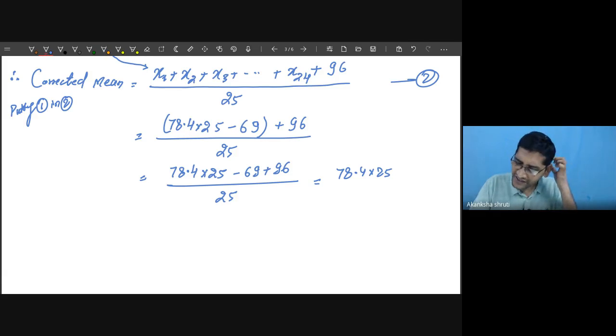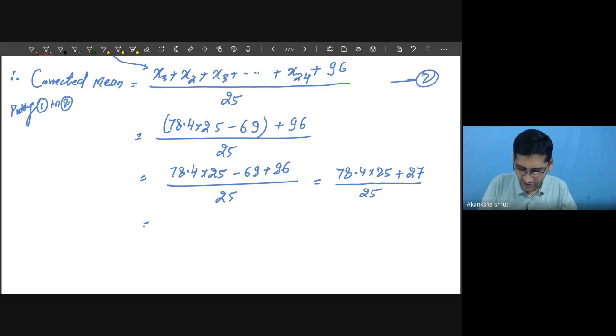Go for subtracting. The bigger number is plus, the smaller number 69 is minus, so it will turn into plus 27, divided by 25. Okay, student, you may multiply the numerator first, then divide it by 25. You will get the same result.